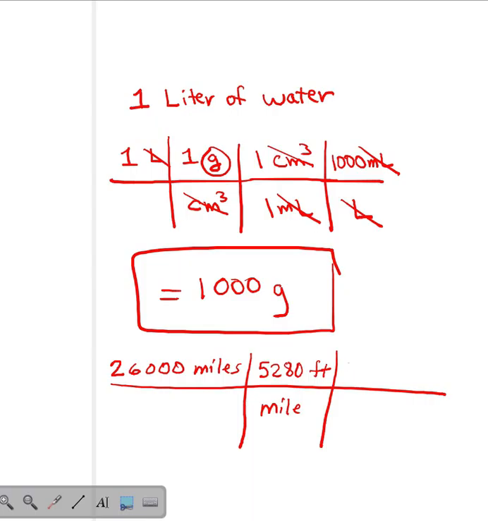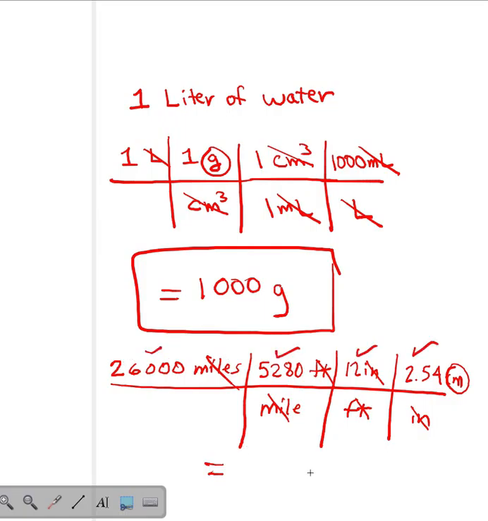So I remember that there's 12 inches per foot and 2.54 centimeters per inch. So then we can see this is going to give us the desired units. I don't have a calculator on me right now, but we could figure out what that is if we multiply this number times that number times that number times that number, and the final answer will be in centimeters.